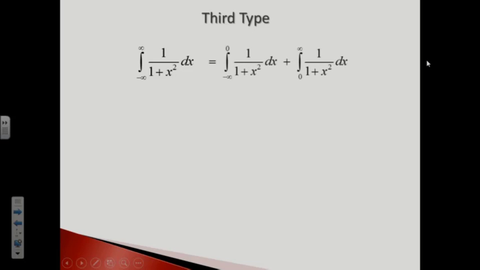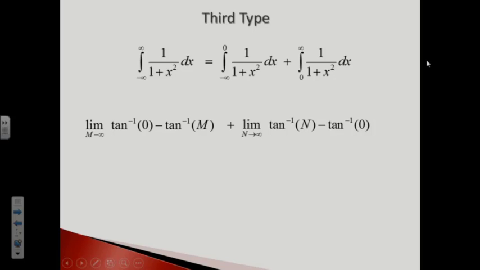To evaluate this integral, we separate it into two improper integrals, one from minus infinity to 0 and one from 0 to infinity. For the first integral, we evaluate its value from m to 0 and then let m tend to minus infinity.